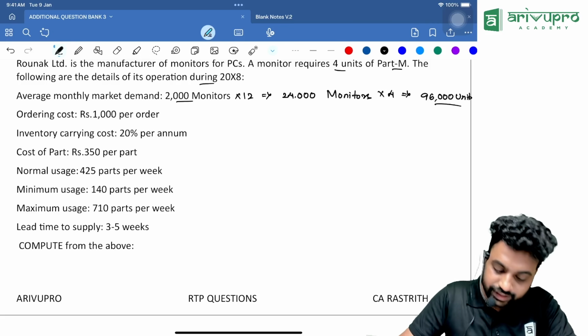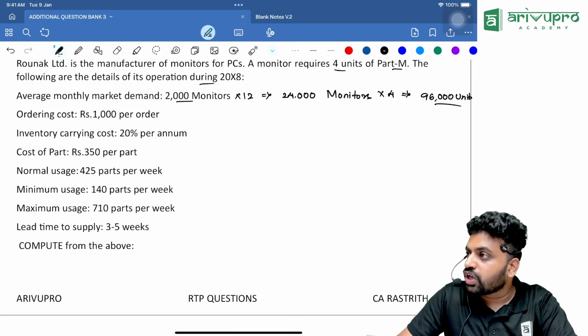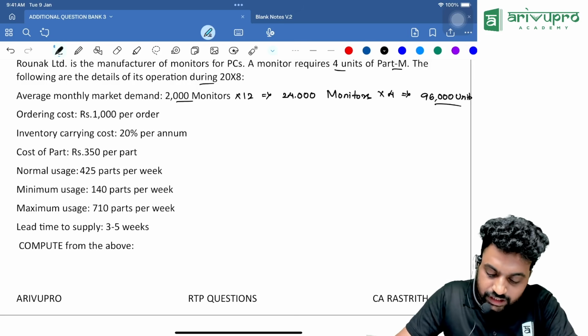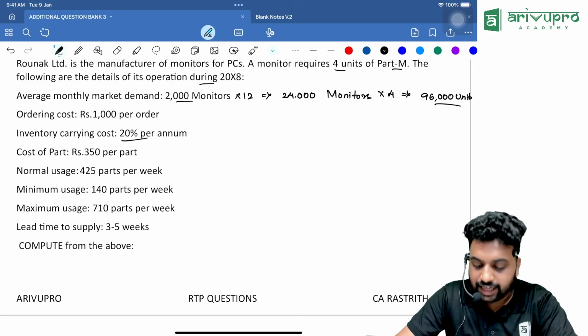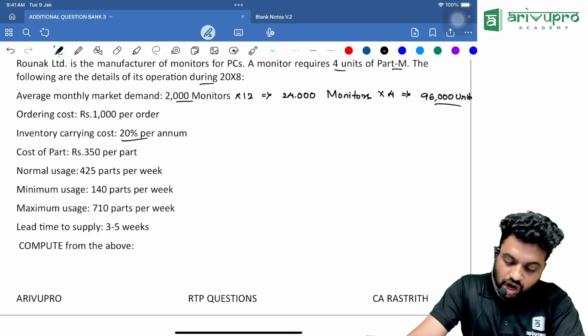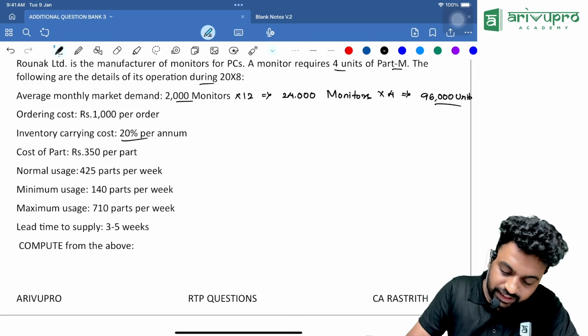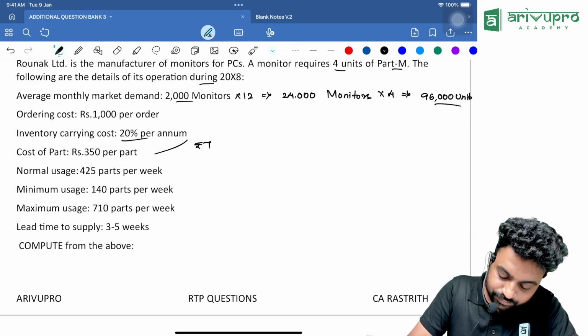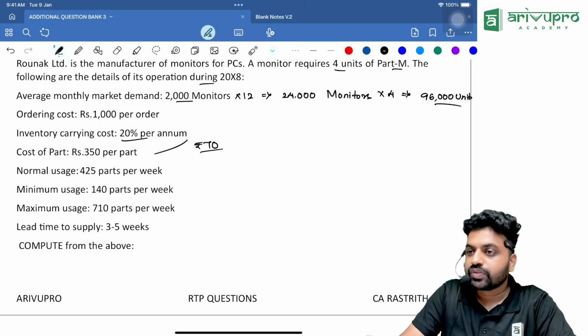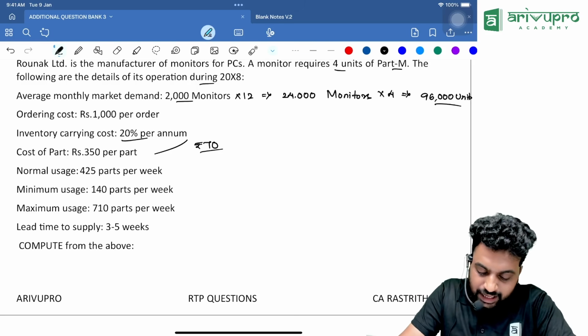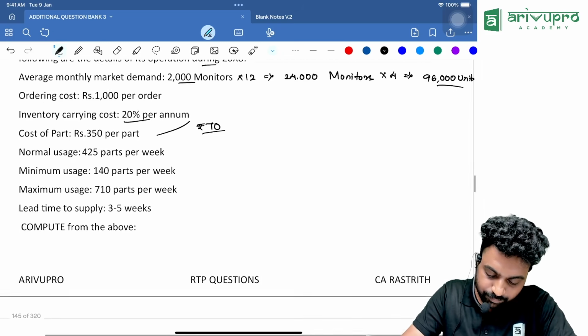Correct? Next. Ordering cost of rupees 1000 per order. Inventory carrying cost is 20% per annum. Great. Cost of a part is 350. So 20% of 350 will be 70. Your carrying cost per unit per annum is 70.